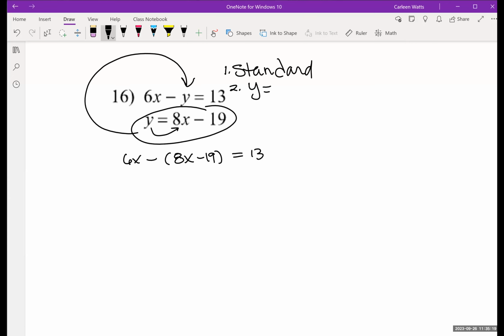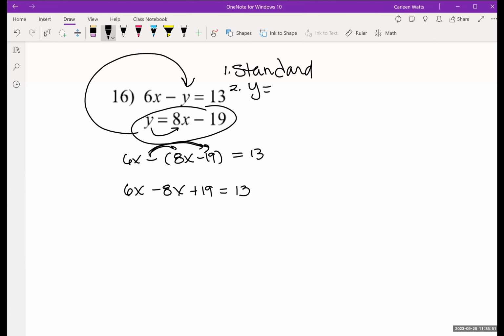Okay, so we're going to plug what? We're going to plug 8x minus 19 into the standard form equation. Next step, distribute. Notice I put parentheses, otherwise you're going to get a wrong answer. 6x minus 8x, that negative goes in and it becomes positive 19.